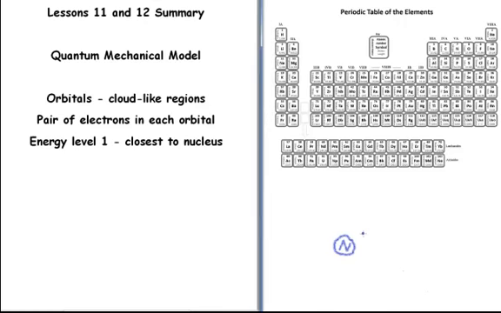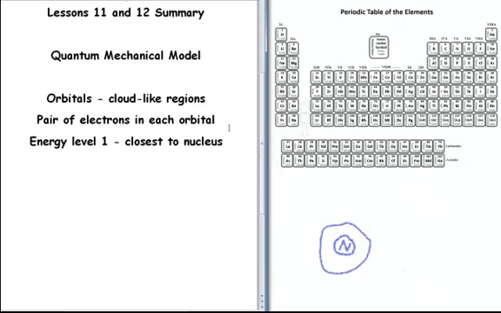And you're going to find it as a spherical shape. Now this obviously is just a circle, but you need to imagine it as a 3D shape like a ball that goes around the nucleus. Energy level 1 contains an orbital that is known as an s orbital. That s orbital is the spherical shape that I'm referring to.